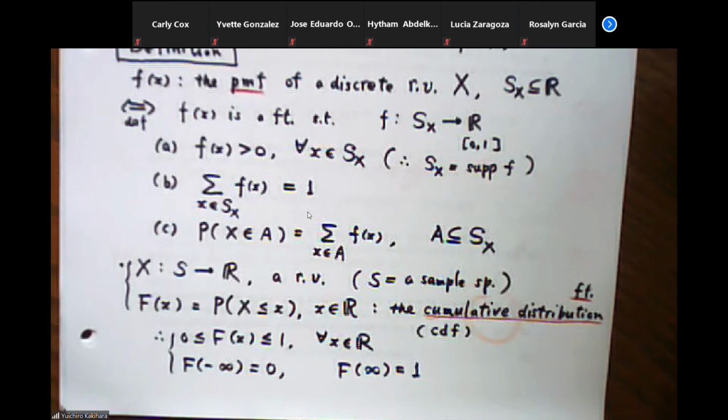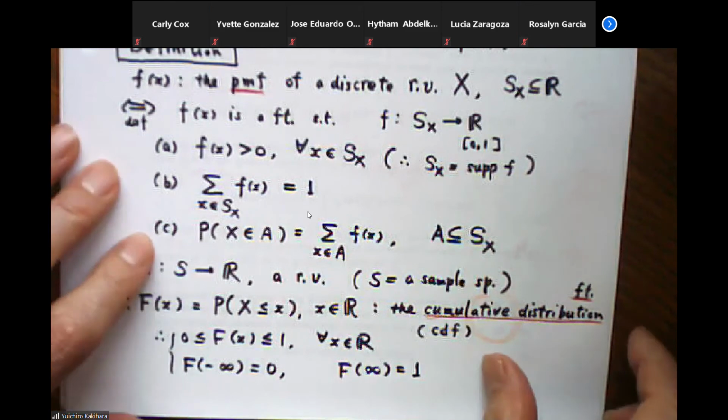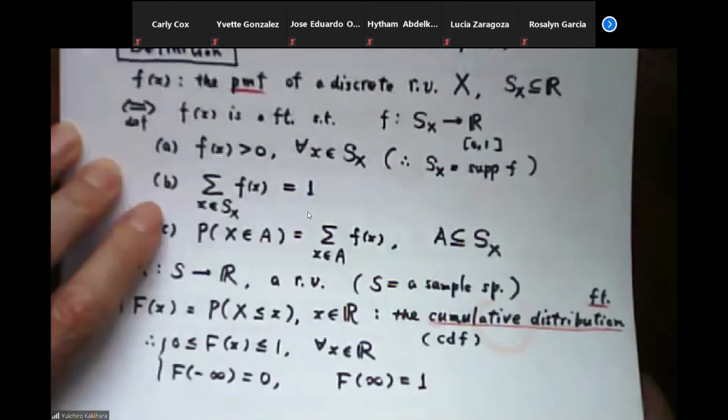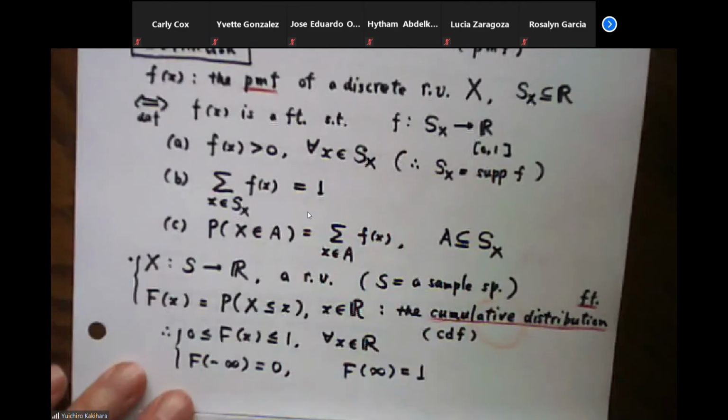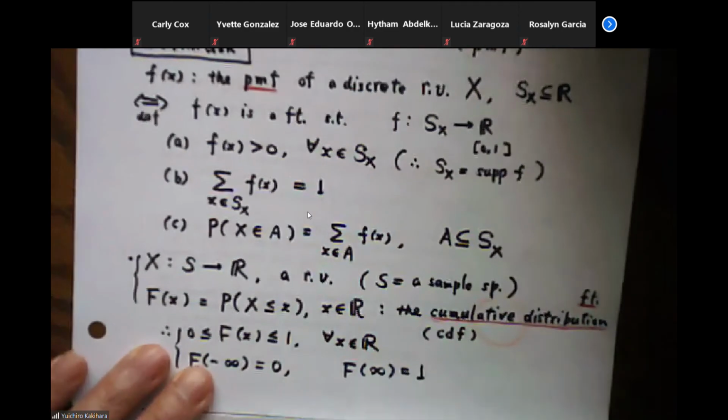So the cumulative distribution function can be defined for any random variable, discrete or continuous. Now, as a special case, we'd like to see an example: the uniform distribution.